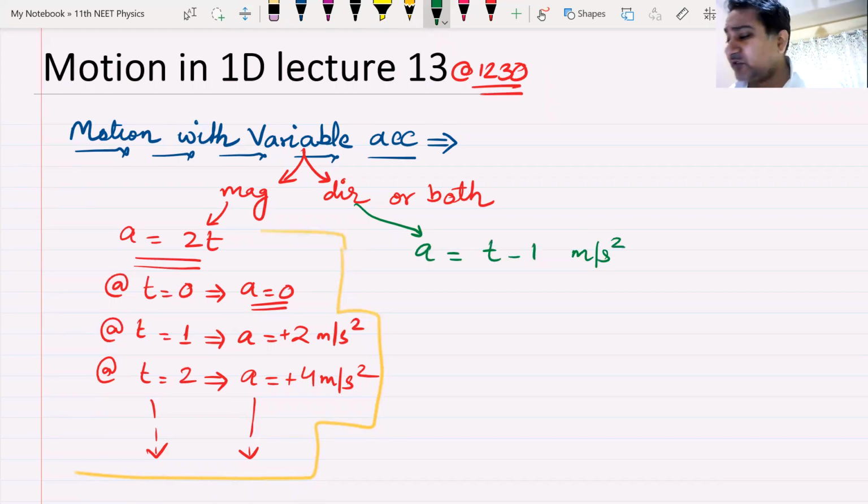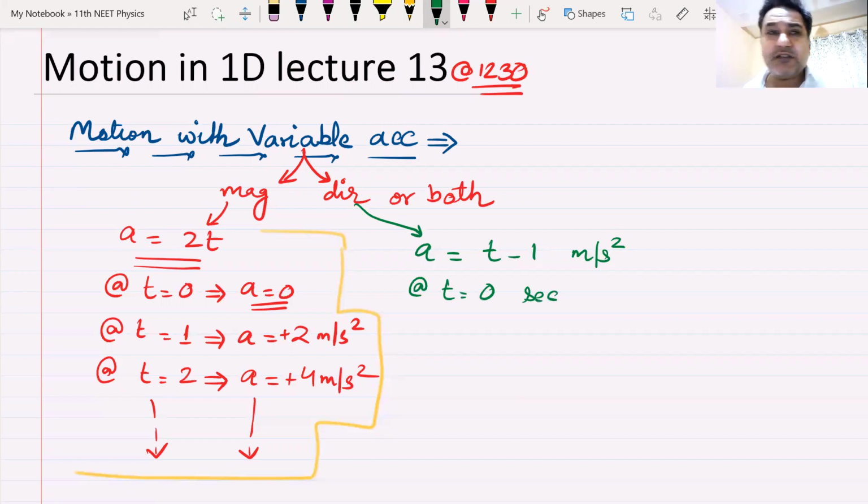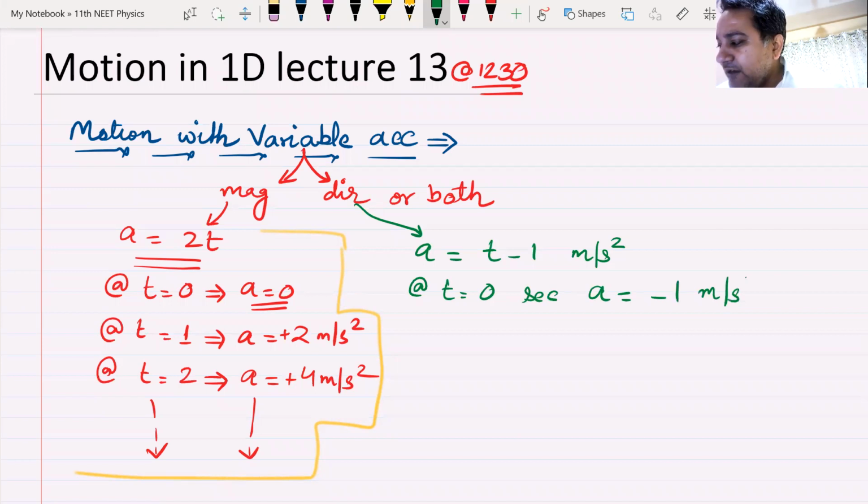Now look at the beauty of this question. If I put at time t equal to 0 seconds, what is the value of acceleration? At time t equal to 0 seconds, it is minus 1 meter per second square. Minus indicates its direction is opposite to velocity.